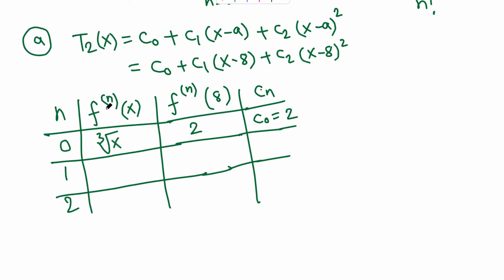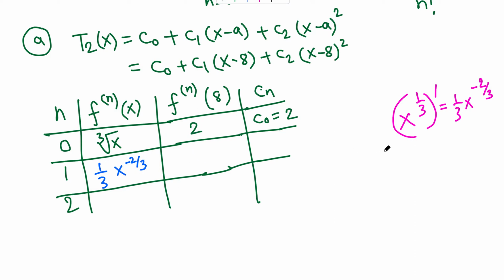Now n equals 1 means the first derivative of the function. Find the derivative of this function. Cube root of x means x raised to 1/3. Its derivative is 1/3 x raised to 1/3 minus 1, negative 2/3. Now evaluate at 8.